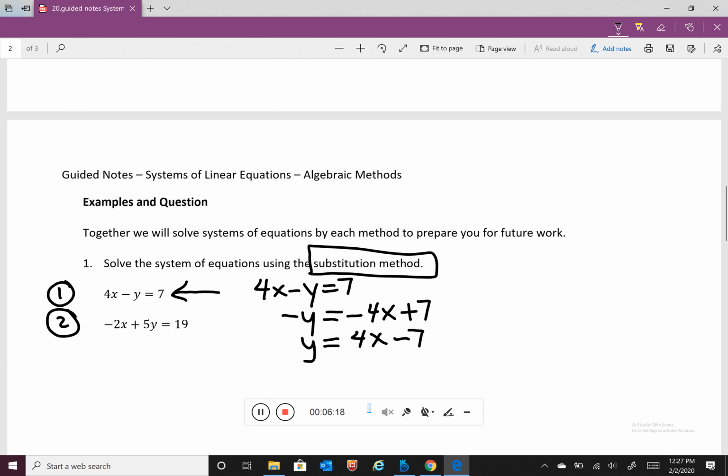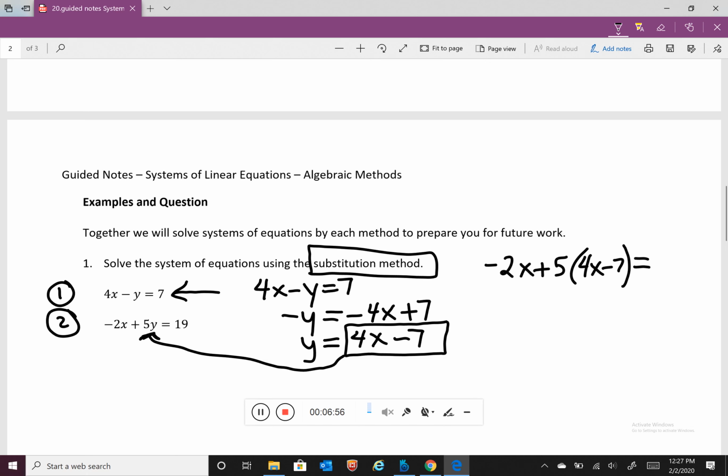Now we have to finish representing our second equation, and in the second equation it was set equal to the constant 19, so we need to maintain that. Algebraically, do you see the next step that we need to do? Do you see that we need to distribute? So we have negative 2x plus 20x. Don't forget to fully distribute the 5 with the 7, but recognize it is going to be separated by subtraction.